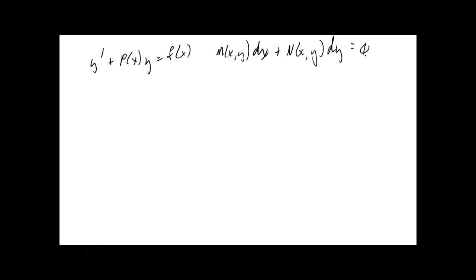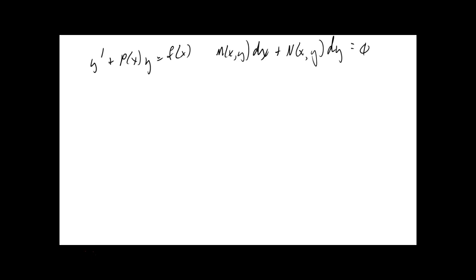That looks nice and pretty, doesn't it? Looks like it's set up to do exact. But what do we do first? Test it. Yes, take the partials with respect to the other variables. Because if those partials aren't the same, this is not an exact differential equation. It isn't. It looks like one, but it's not.